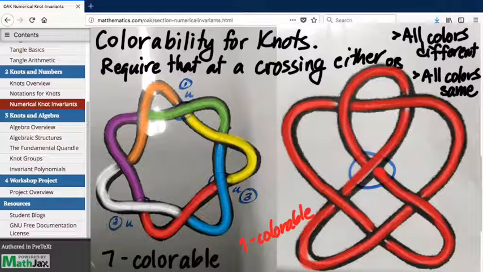And colorability is going to be the way that we get there. But the algebra gets really interesting now when we start to push that envelope. Because how do we actually encode colorability information for knots inside of an algebraic structure? That's where we stretch ourselves to as we go forward. So that's the broad question about colorability.